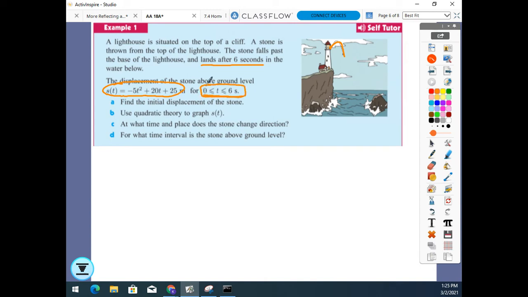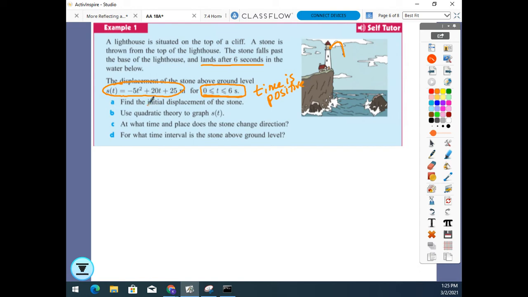Anytime you are given an interval, circle it, write it down inside the box, and make sure you're paying attention to it because those are the only values we can look at. Also, time is always positive, so be very careful with that.